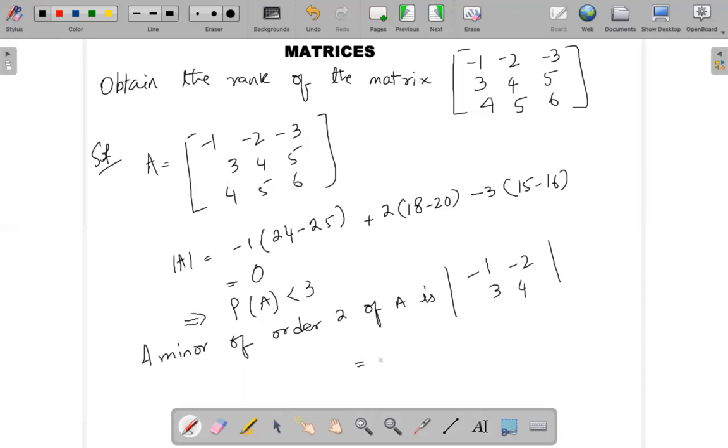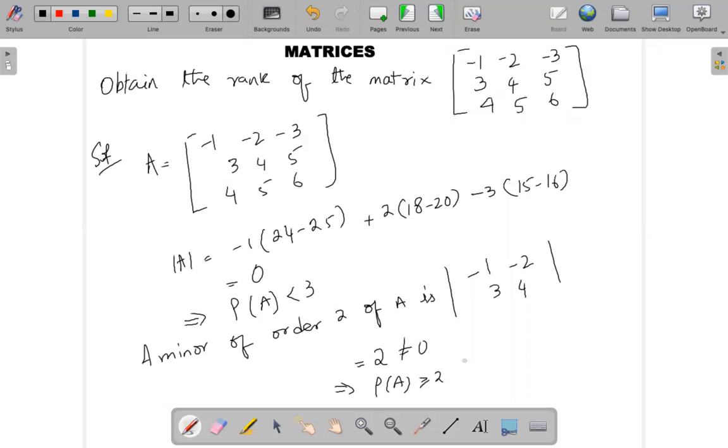So this is not equal to 0, right? So this implies that the rank of the matrix A is greater than or equal to 2.